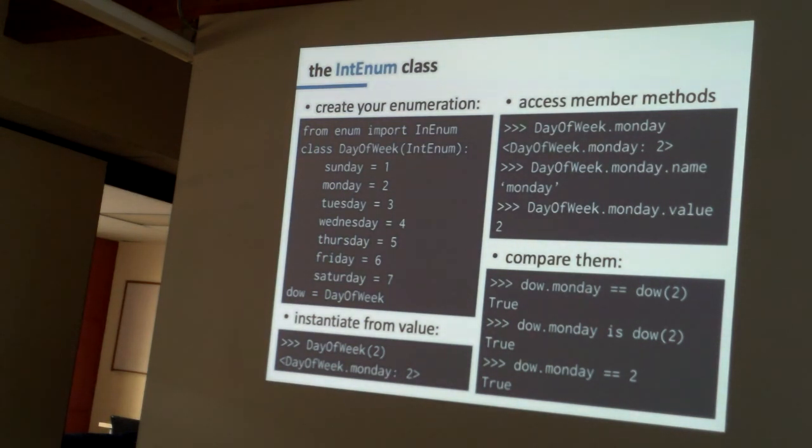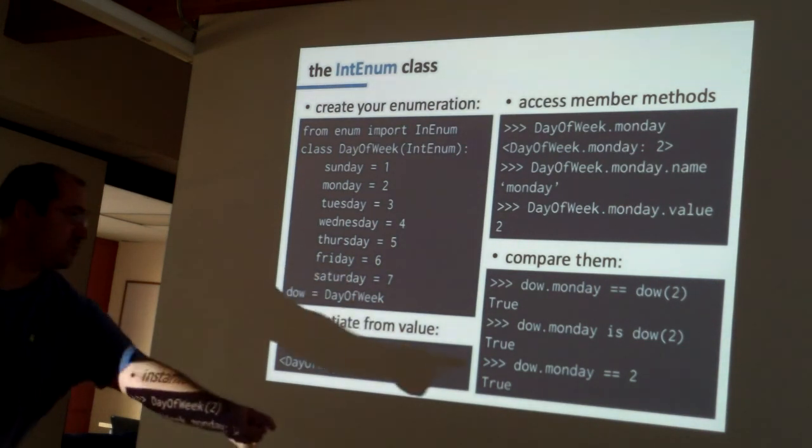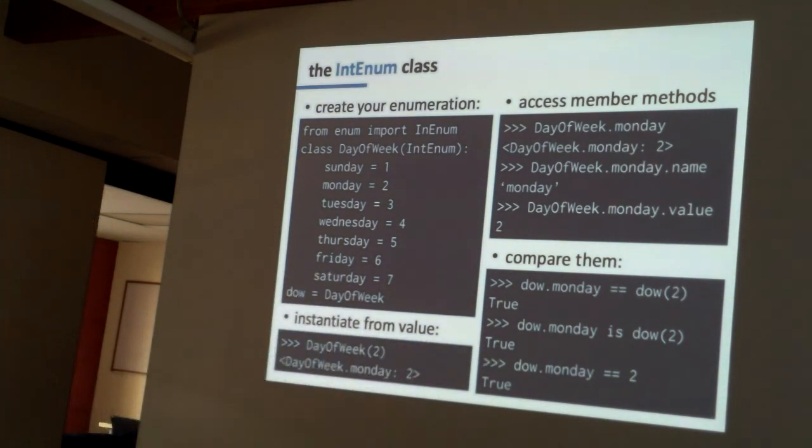I'll show you a small example in a minute. Basically, it's the same thing, only your values have to be integers. And you now get to compare a class of IntEnum DayOfWeek type to an integer and get a meaningful result.